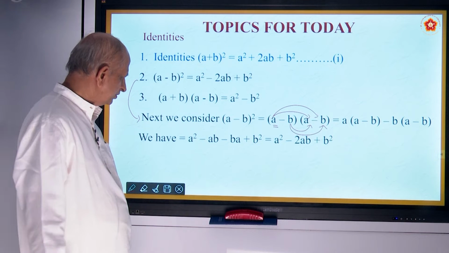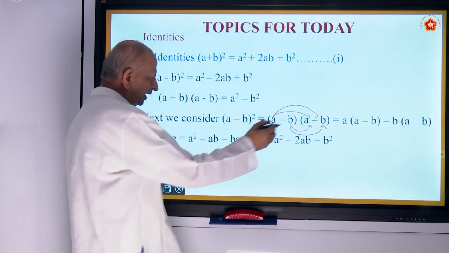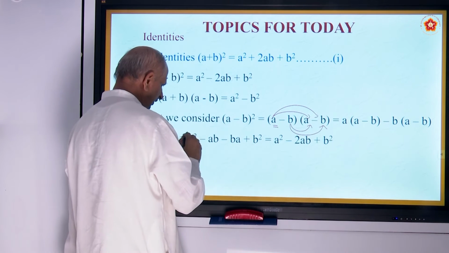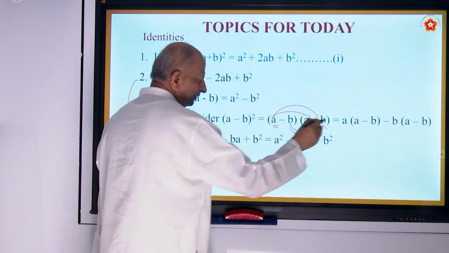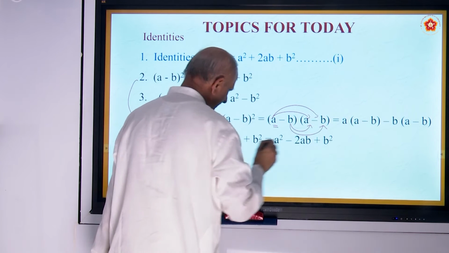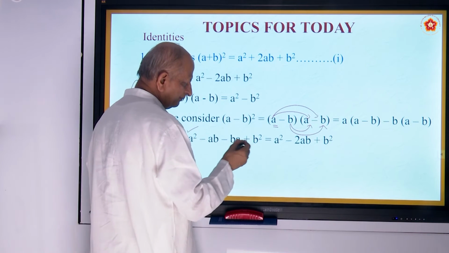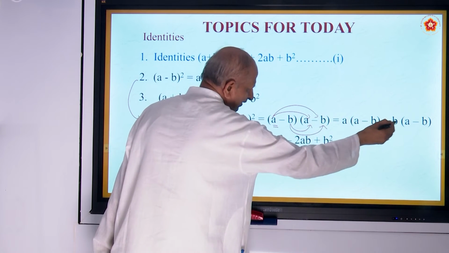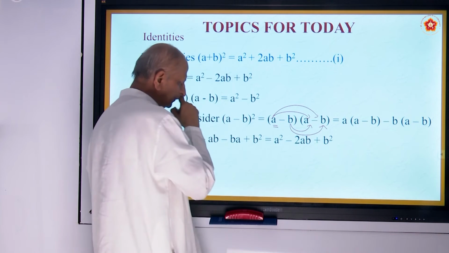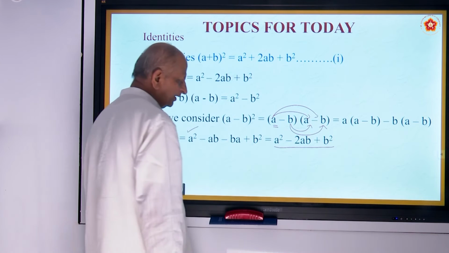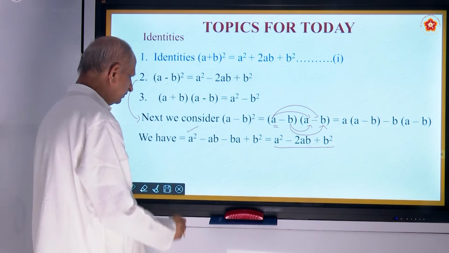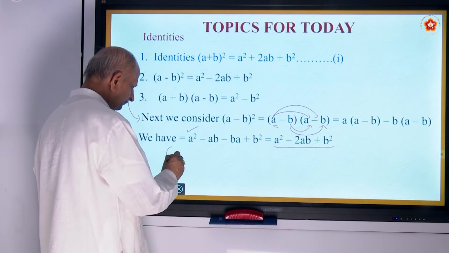Understood? So what becomes? A into a becomes a square, minus a into b becomes ab, b into a becomes ba, b and ab are same, and minus b into minus b becomes plus b square. So you have the formula a square minus 2ab plus b square. So what is that you have taken?